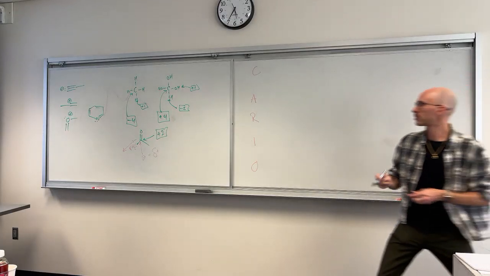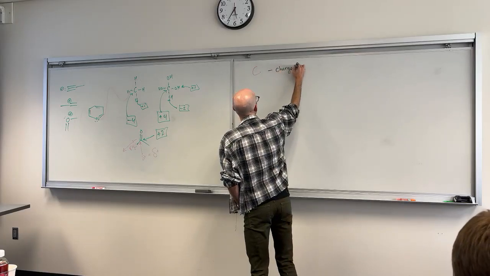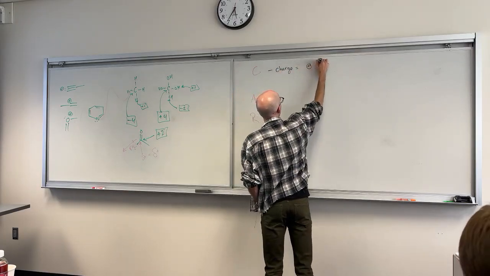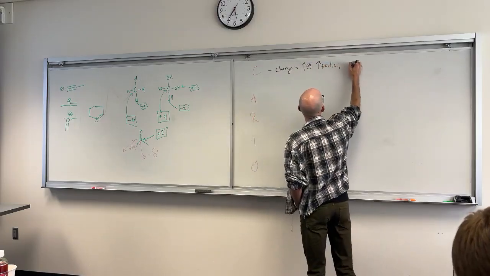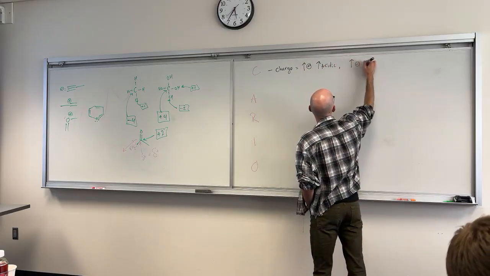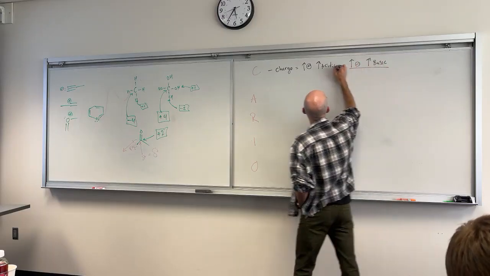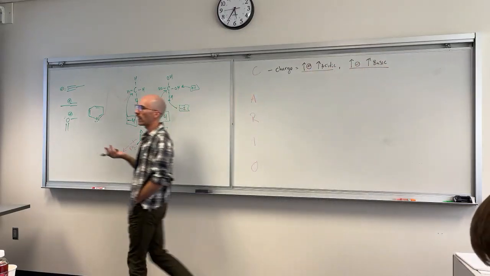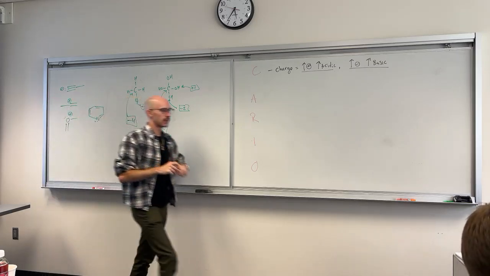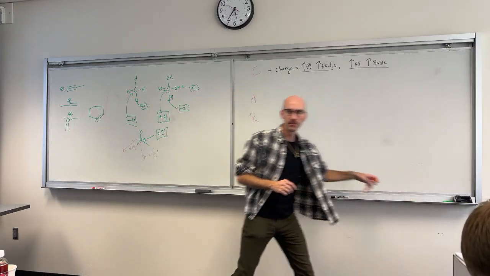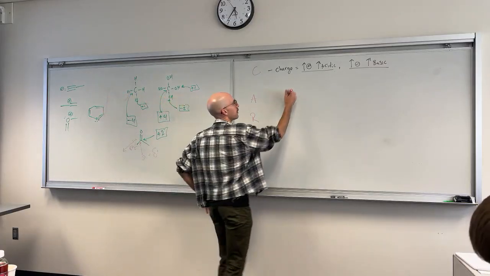First of all, charge, C, says more positive, more acidic, more negative, more basic. That's the gist of it, but it's not always true. So let's take, for example, a series of oxygen atoms.